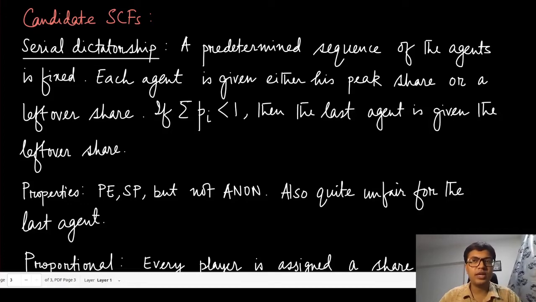But here we are actually dividing shares, so it means that a predetermined sequence of all these agents will be given at the very beginning of this game, and each agent will come in sequence and pick their most favorite share, which is their peak, or they will get a leftover share. So if the sum of these peaks is less than 1, then the last agent will be given the whole leftover share.